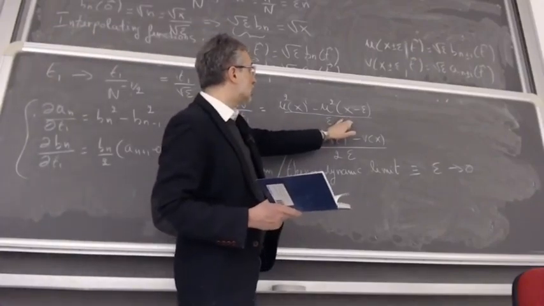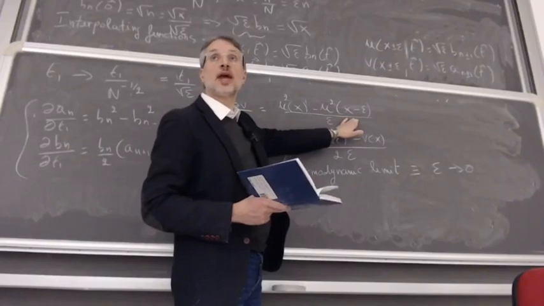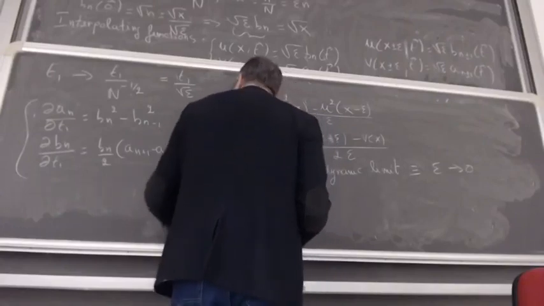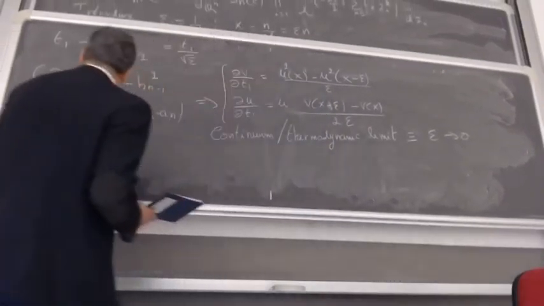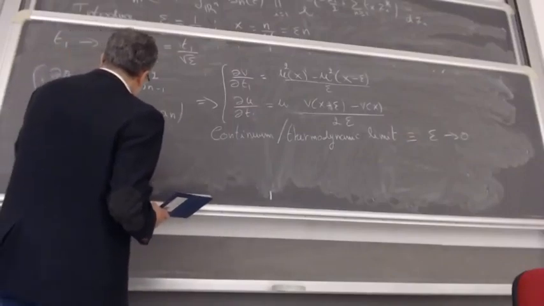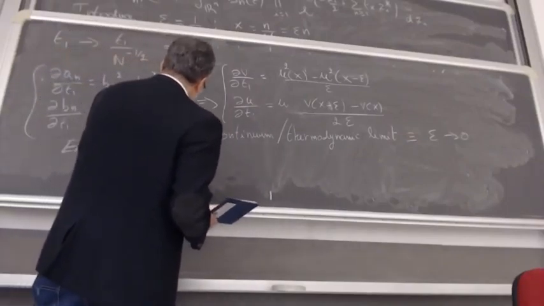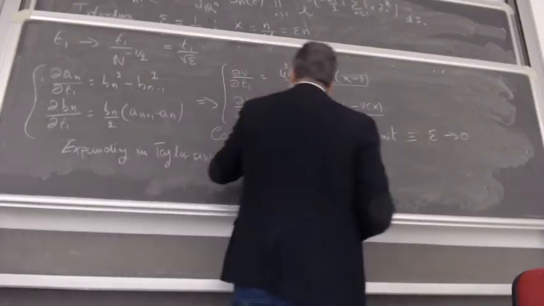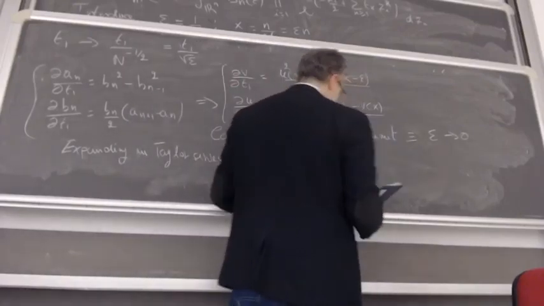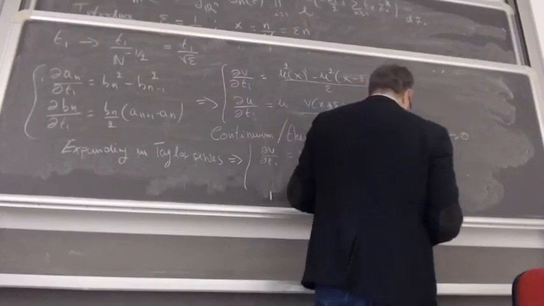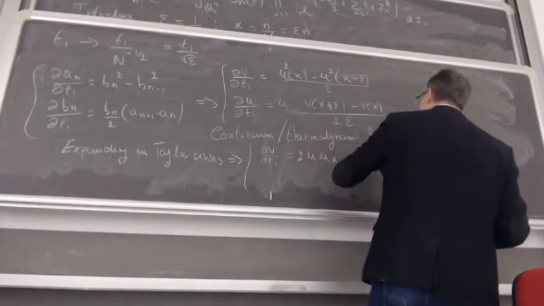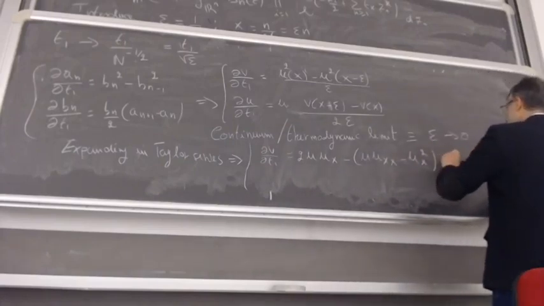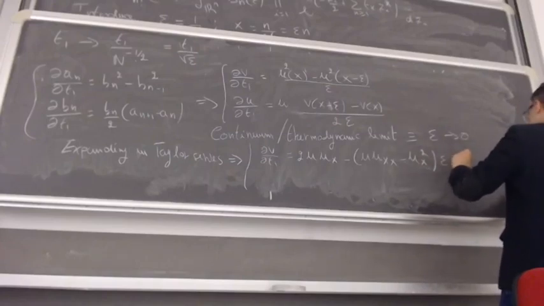Expanding, what we can do on the right-hand side here is to expand in Taylor series u of x minus epsilon and v of x plus epsilon, and then let's see what we get. So expanding in Taylor series, what we get is dv by dt1 is equal to 2 times u u_x minus, I write just the first terms for the purpose of this lecture, times epsilon, okay, let me write another one.